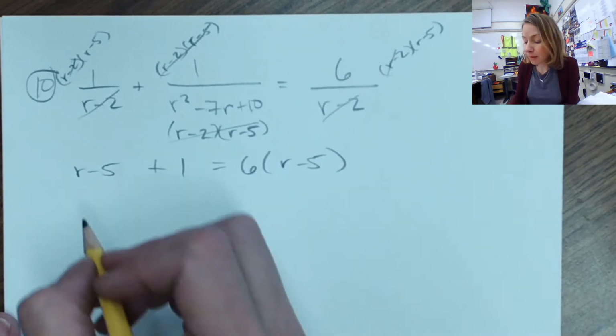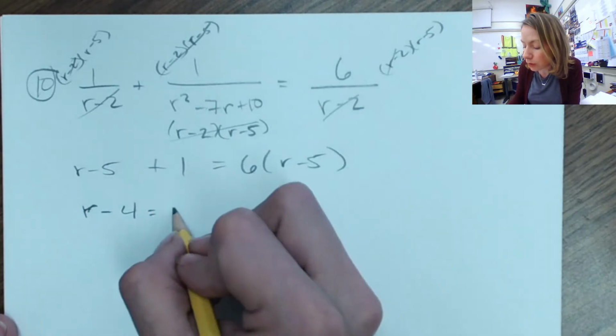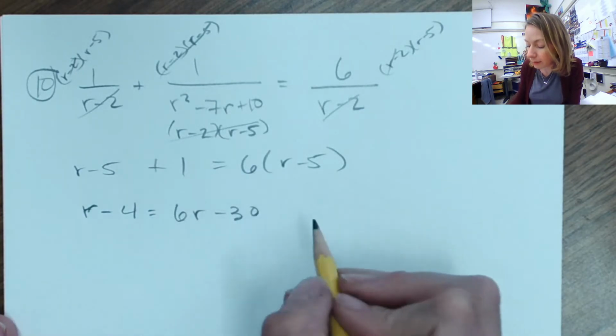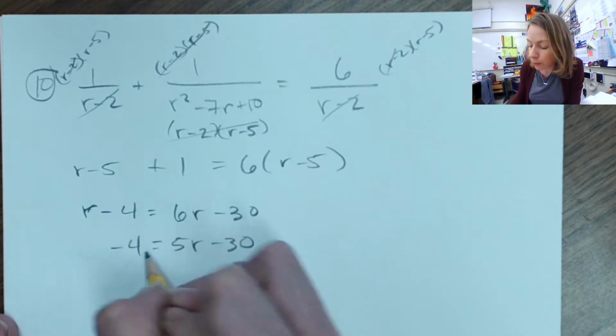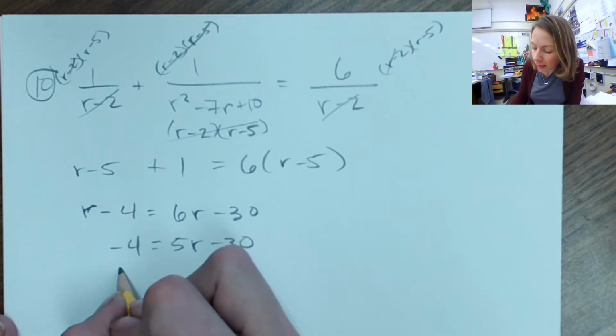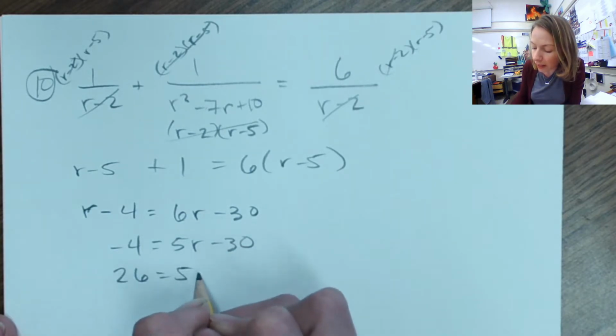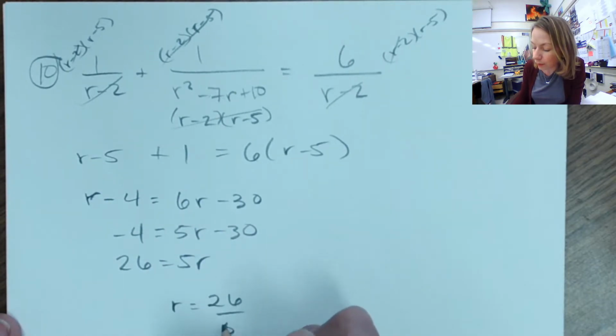So r minus 4 is equal to 6r minus 30. So I've got 5r minus 30 is equal to negative 4. I can add 30 to both sides, and that's 26 is equal to 5r. So r is 26 over 5.